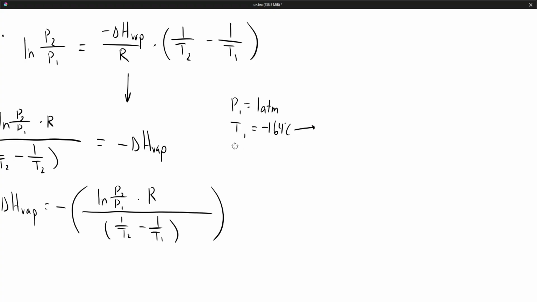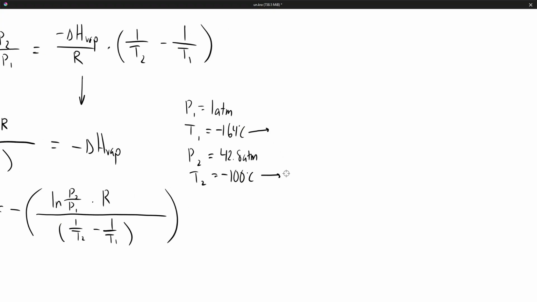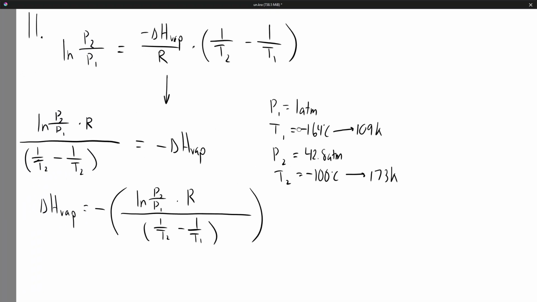We convert that to Kelvin, and our P2 is 42.8 atmospheres, and our T2 is negative 100 degrees Celsius. So we convert that to Kelvin. It's 173. Just add 273 to each of these Celsius numbers. Into this one, it's 109 degrees Kelvin, or just Kelvin, you know.